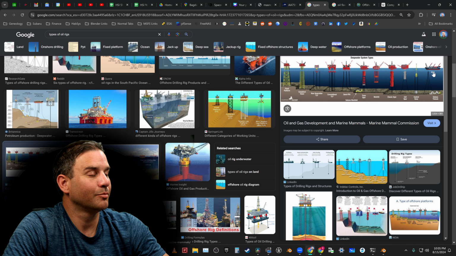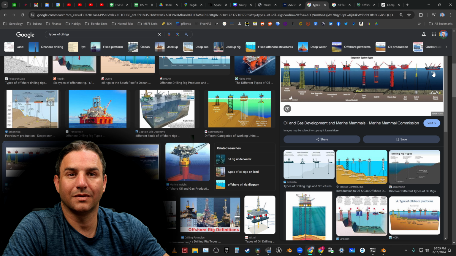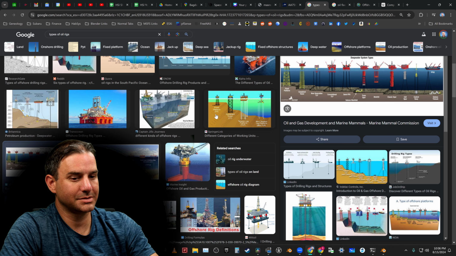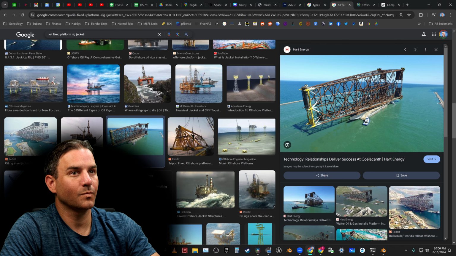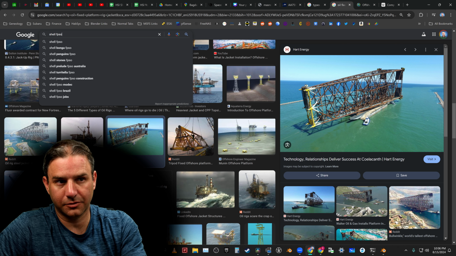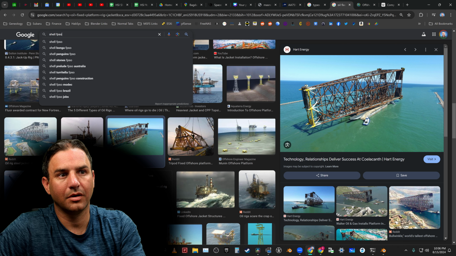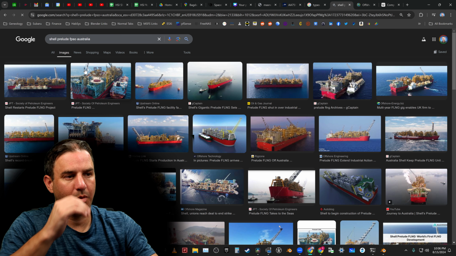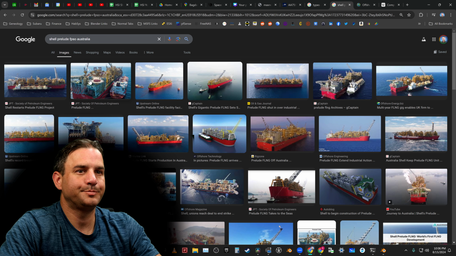And you can moor that in the middle of the ocean. And as a matter of fact, they do have one. Let's get a picture of that. Show FPSO Prelude. This one.